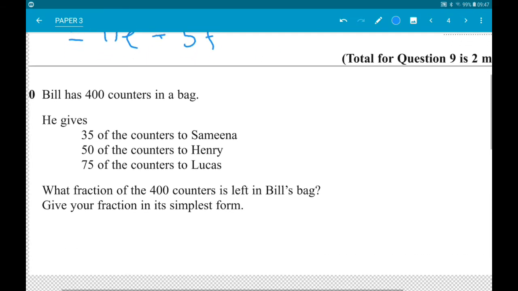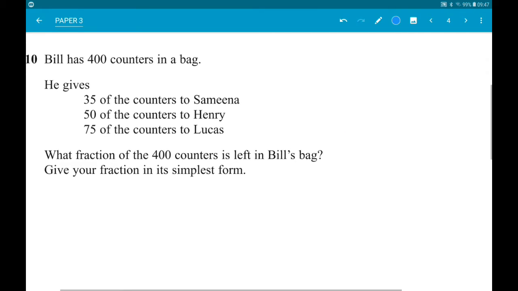Okay, number 10. Bill has 400 counters in a bag. He gives 35 counters to Samina, 50 counters to Henry, 75 counters to Lucas. What fraction of the 400 counters are left in the bag?